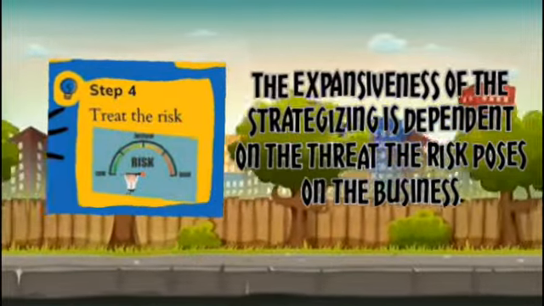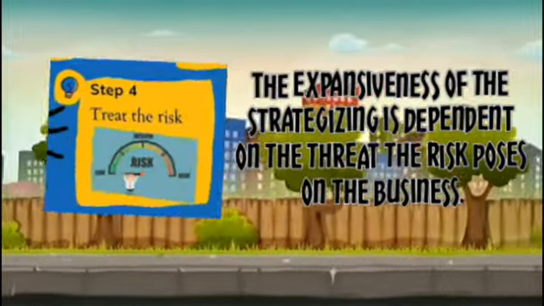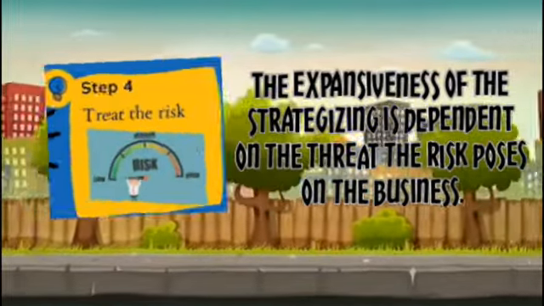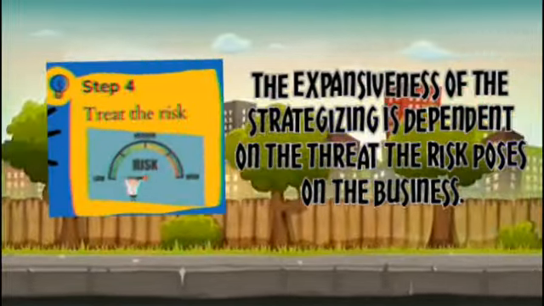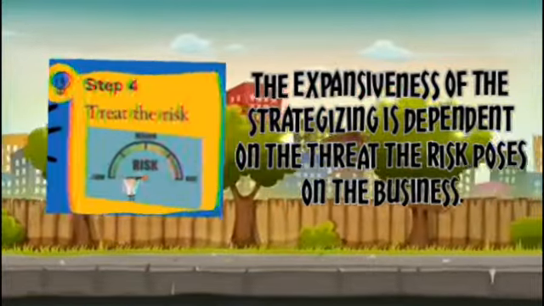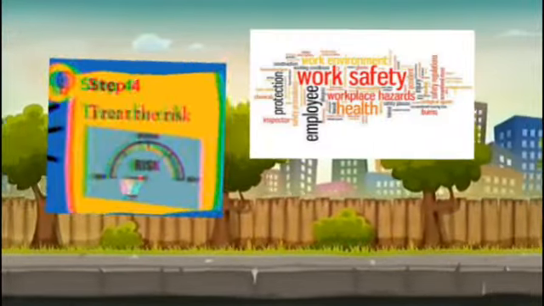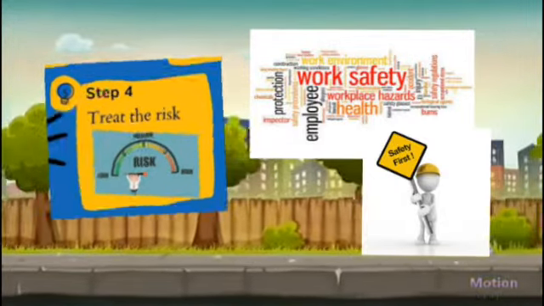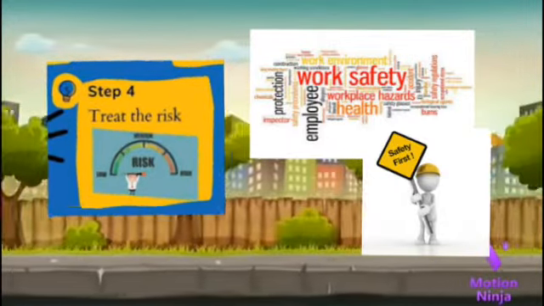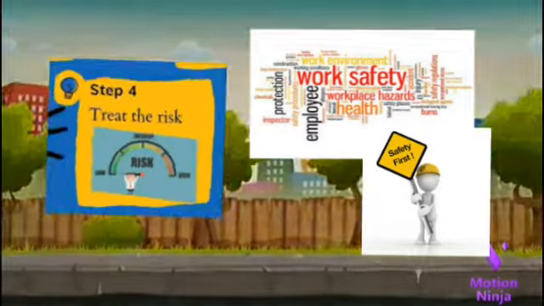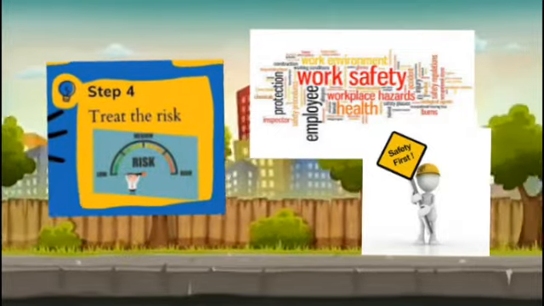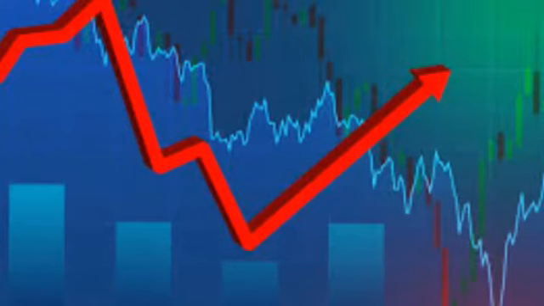The expansiveness of the strategizing is dependent on the threat the risk poses on the business. For example, if a threat to your business is an employee safety breach, then the business would want to strategize the ways in which it could promote a culture of safety with adherence to safety compliance.